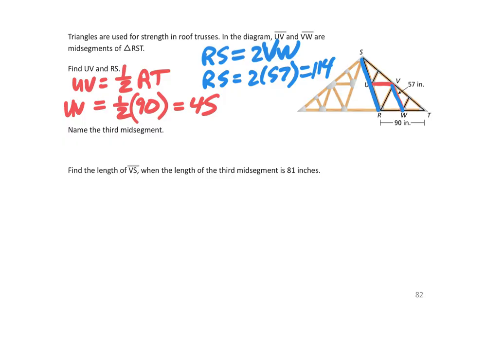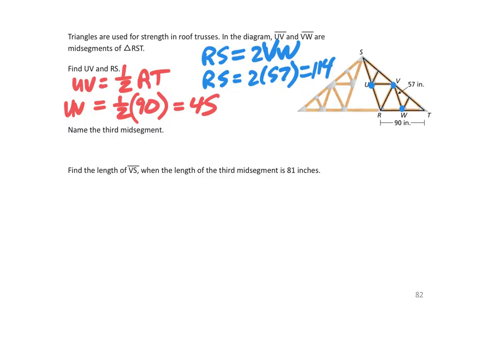Okay, what would be the third midsegment of this triangle? My three points here were U, V, and W. These are the 3 midpoints of the 3 sides.